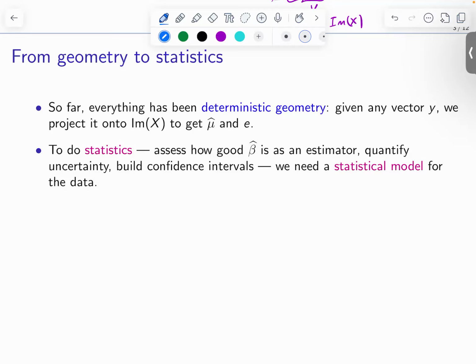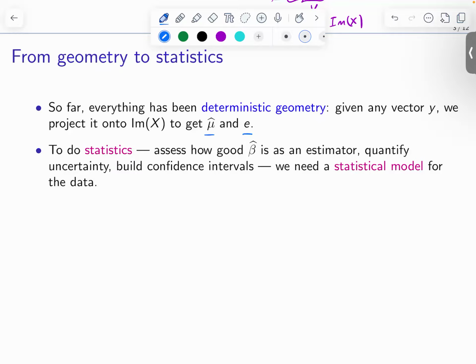There exists an image of X. I can project onto it, so I get mu hat and E. These are all like numeric objects, or abstract linear algebra concepts, but they're perfectly well defined. There's no statistics here, okay? You give me a Y, I give you mu hat and E. Give me an X, I give you mu hat and E.